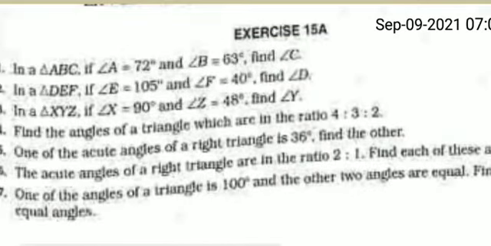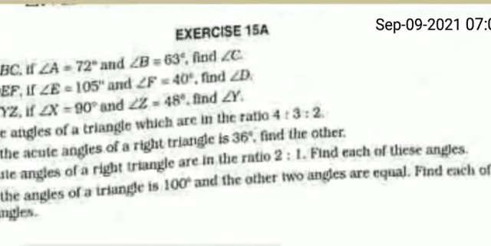Here students, question number 1 tells that in a triangle ABC, if angle A is 72 degrees and angle B is 63 degrees, find angle C. So very simple. Angle A and B, these two angles are given.